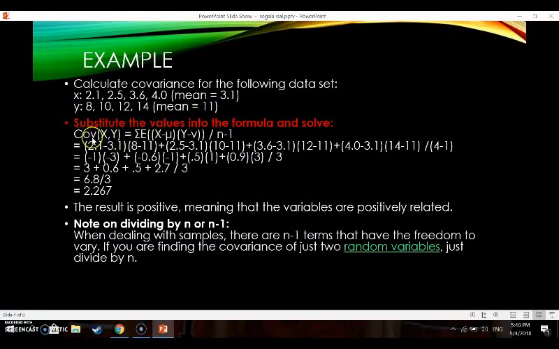Using this formula, we just put in all the data and divide by the number of data minus 1. So the result is 2.267. So it is positive, meaning that the variables are positively related. So it will go upward and rightward.